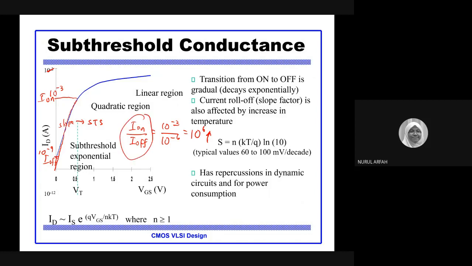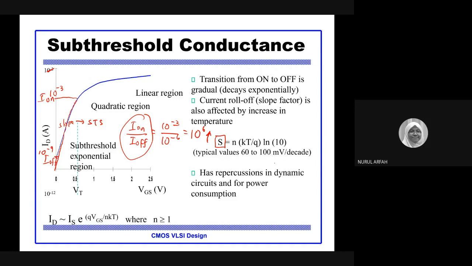Due to this, over here we have the sub-threshold slope equal to n kT over q times ln of 10.